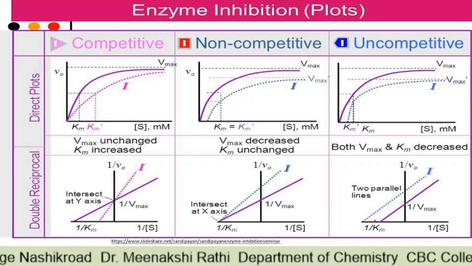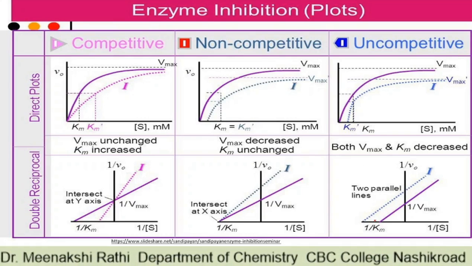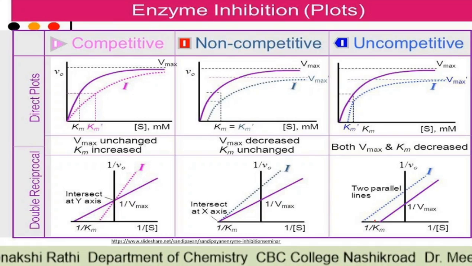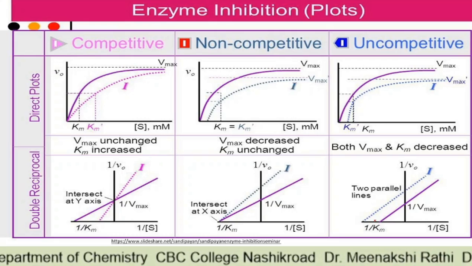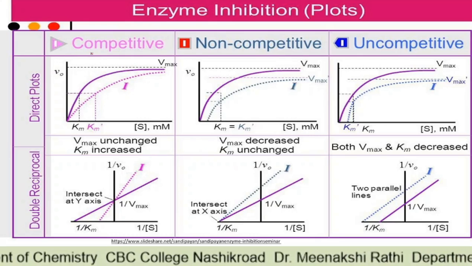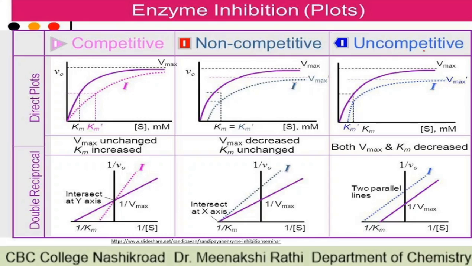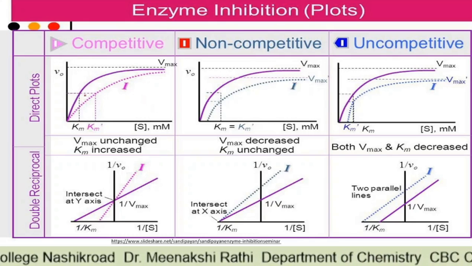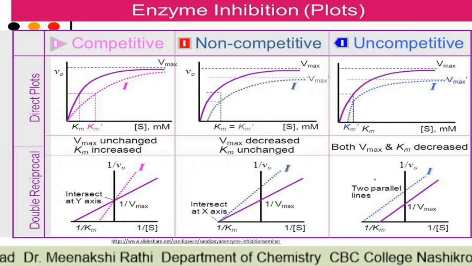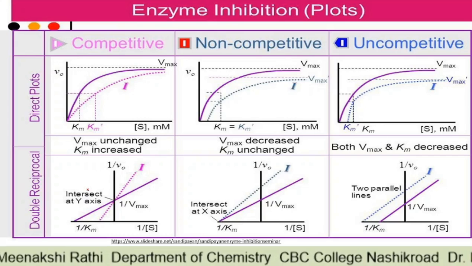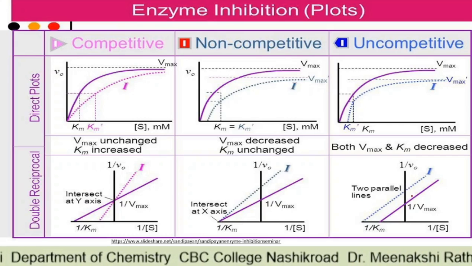Here, all the three reversible inhibitions and their plots are shown combined. So, reversible inhibition is of three types: competitive, non-competitive and uncompetitive. These are the direct plots and these are the double reciprocal plots, or we can say the Lineweaver-Burk plots.